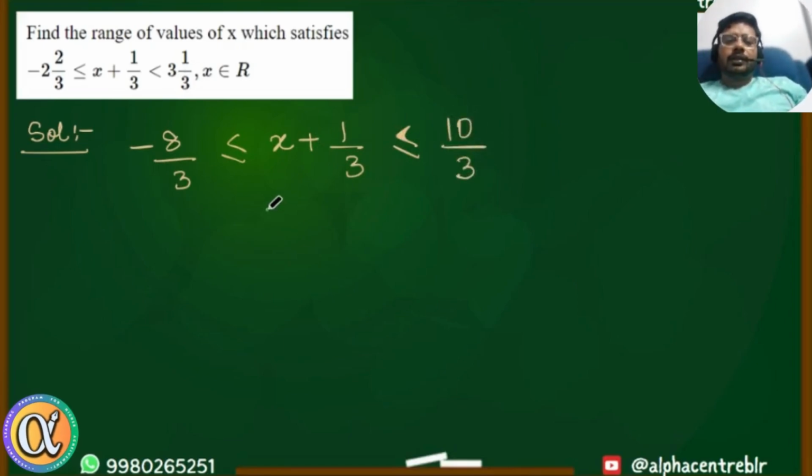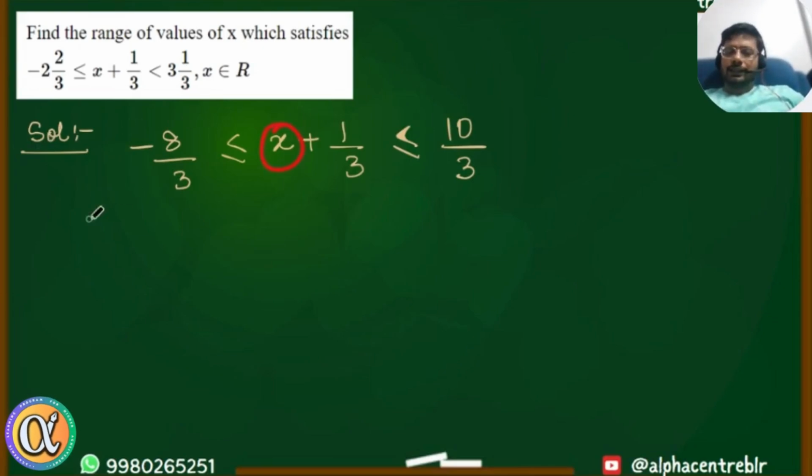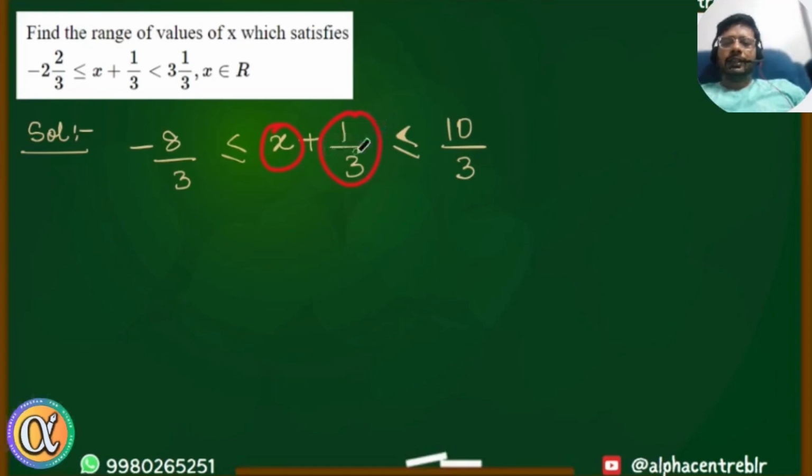See, our objective is that in the middle we just have x and the remaining thing goes to the other side. So how to remove the remaining thing? What is remaining here? It's plus 1 by 3 first. The best way to remove 1 by 3 is to subtract 1 by 3.